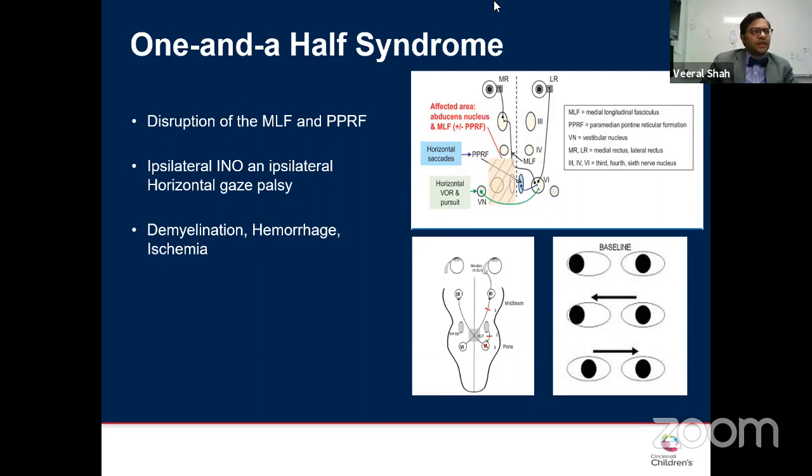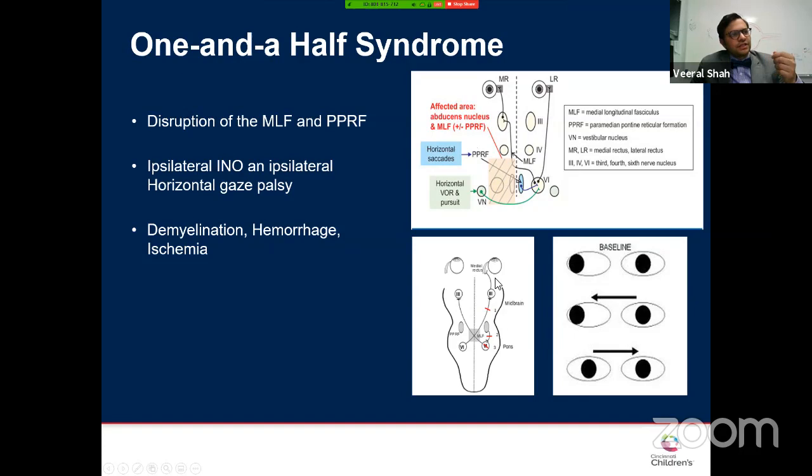And what you see here is a much larger infarct or demyelination, where you're not only disrupting the MLF, but potentially the abducens nucleus or the paramedian pontine reticular formation.